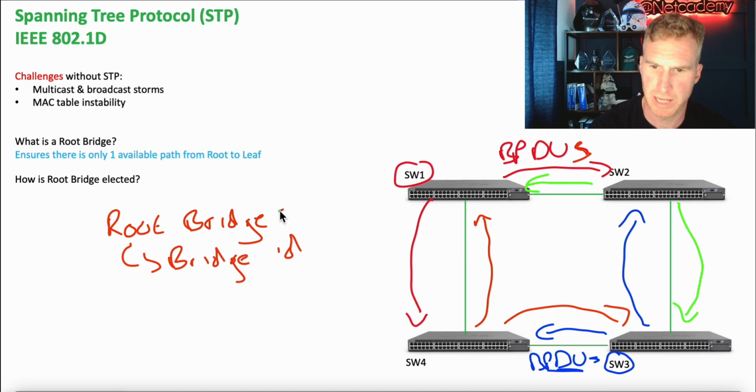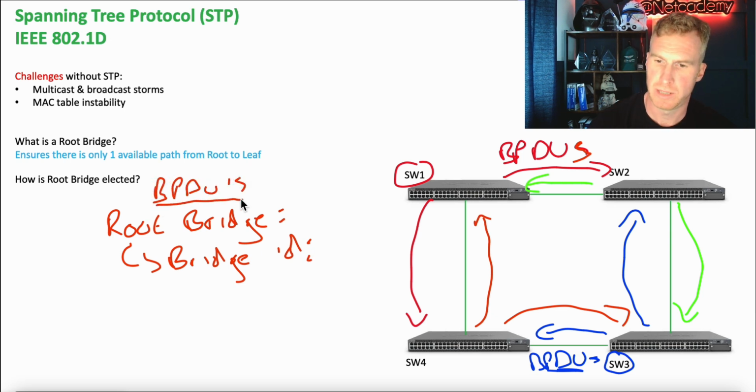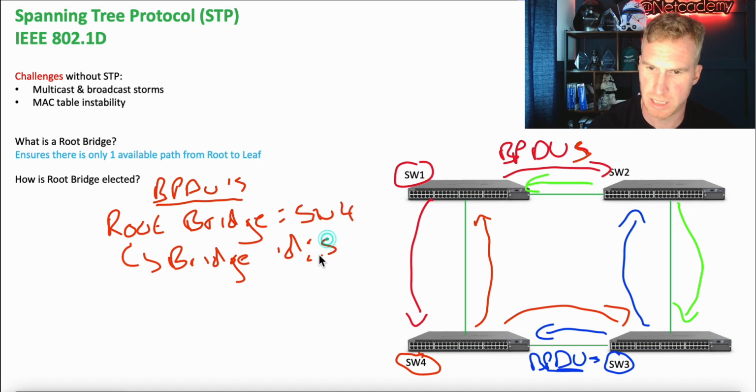What do I mean by that in English? Well, in the initial BPDUs that get sent out, in initial configuration, say SW4 is sending out those BPDUs, it's going to say the root bridge is SW4 and I am SW4, and therefore I am the root bridge for this network, for this layer 2 domain.